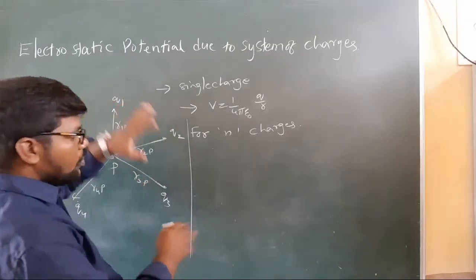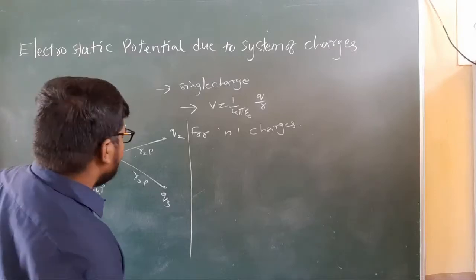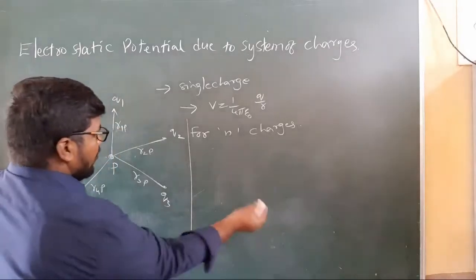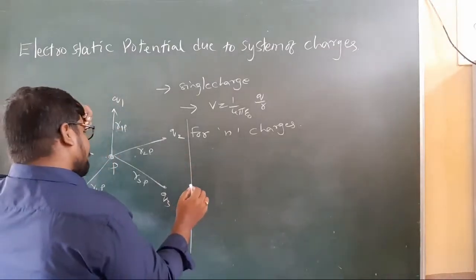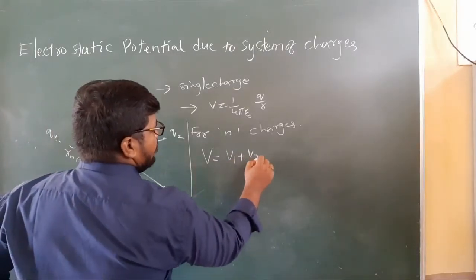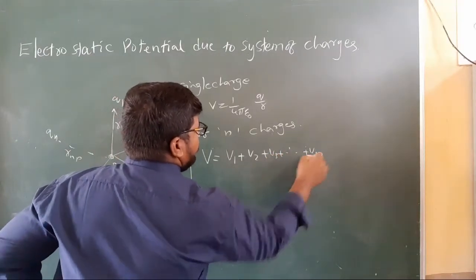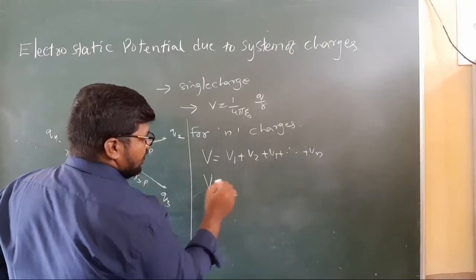It's clear, my children. So the resultant V is V1 plus V2 plus V3 and so on plus Vn.